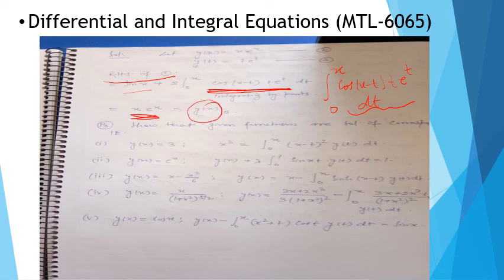This is equal to y(x), that is the LHS. Solving the RHS, we find the LHS, which means y(x) is equal to x e to the power x is the solution of the integral equation. These two problems show how to verify whether a given function is the solution of the equation or not.